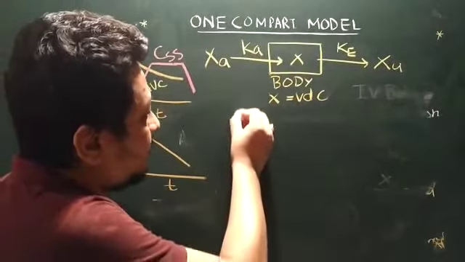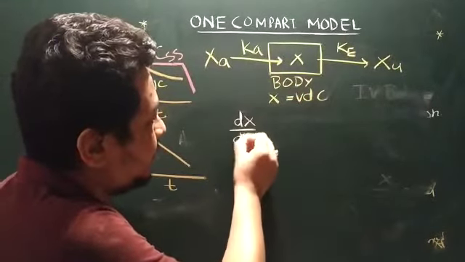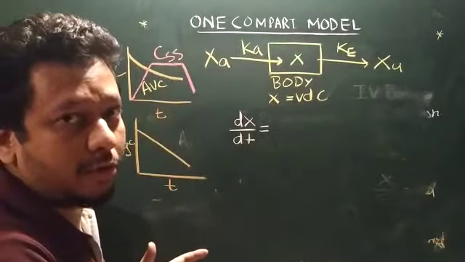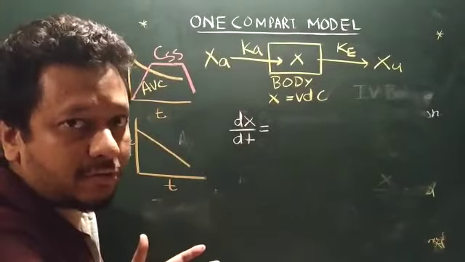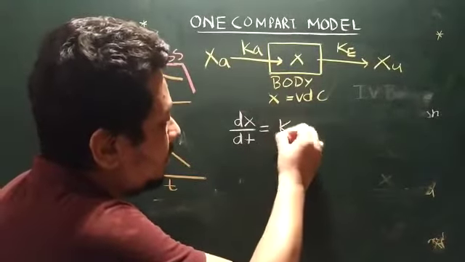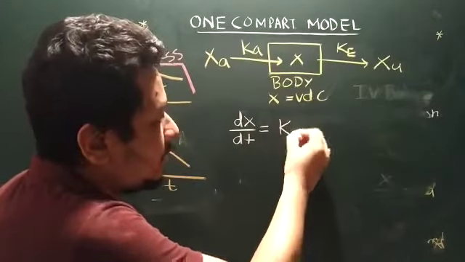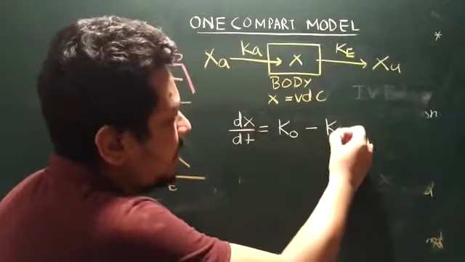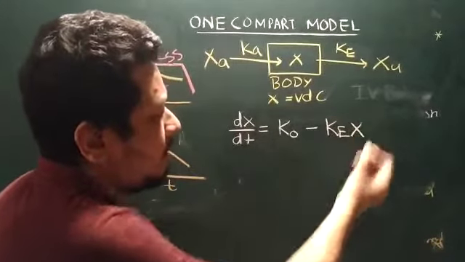So what is that equation? We have dX/dt. Now in IV infusion, I have told you it is not dependent upon the drug concentration. So we have to introduce K naught instead of Ka into Xa, minus Ke X, that is the same.